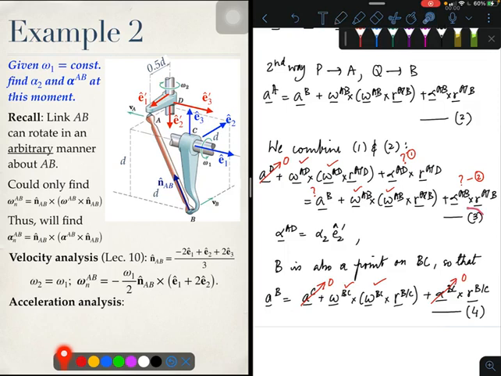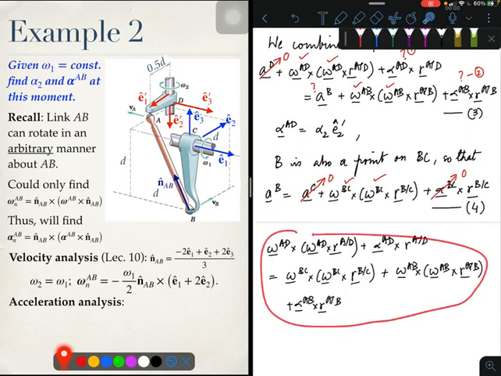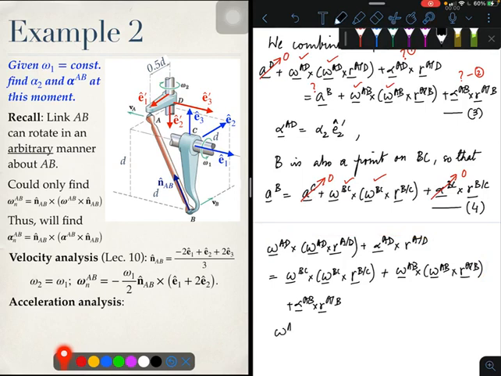We can now combine equation 3 and equation 4 in the sense that we will substitute AB over here and we get this equation. As already mentioned, omega AD is simply omega 2 E2 prime. Omega 2 is given here on the left to be omega 1 as found during the velocity analysis, while E2 prime is in the negative E3 direction. So omega AD is actually omega 1 with a minus sign along the E3 direction.